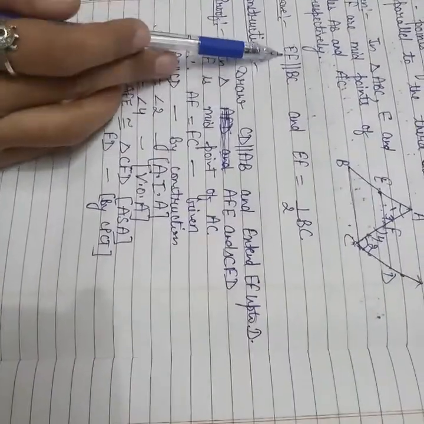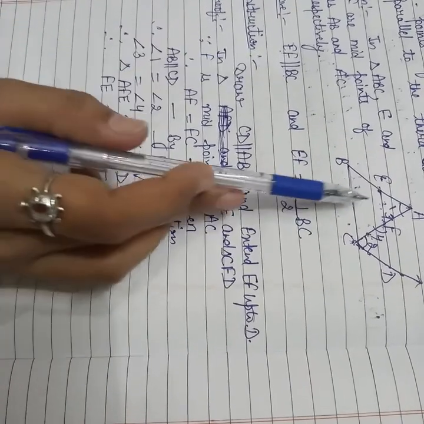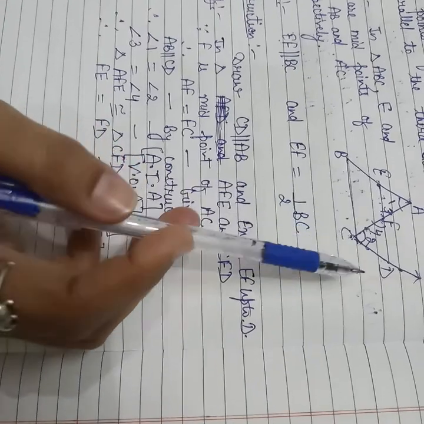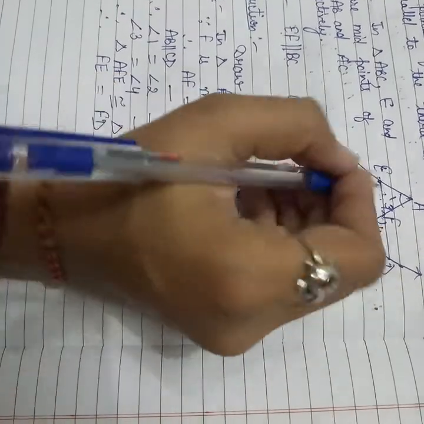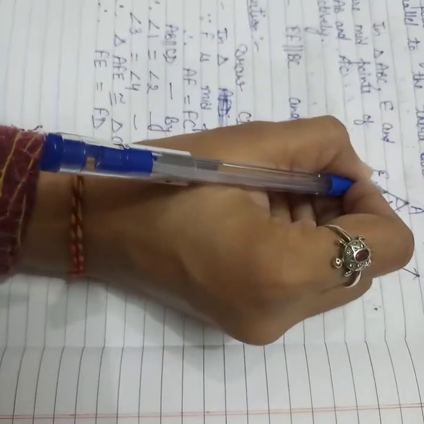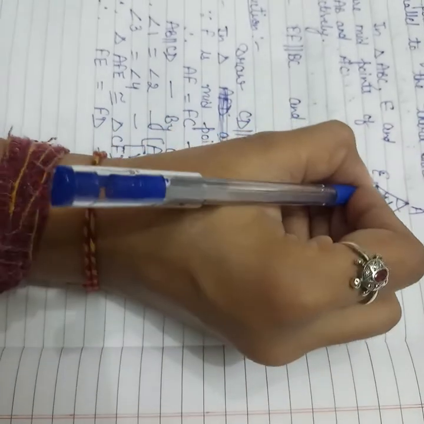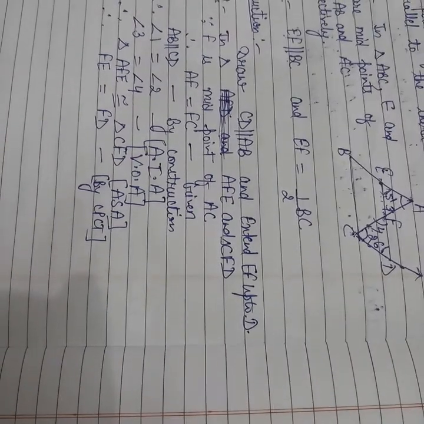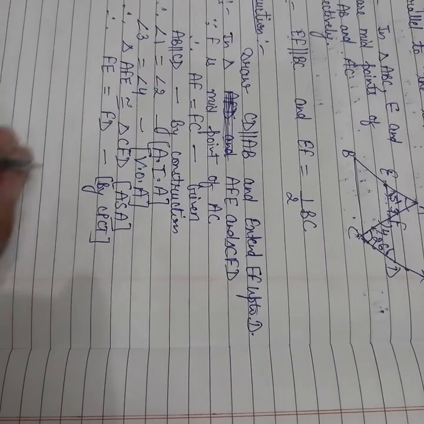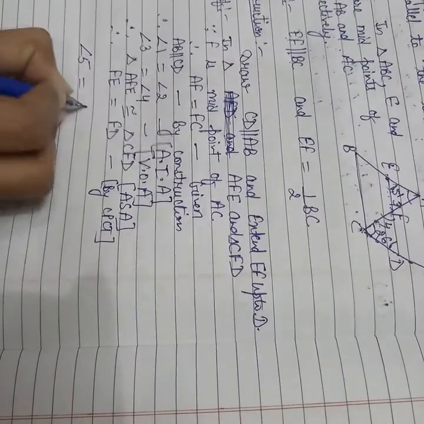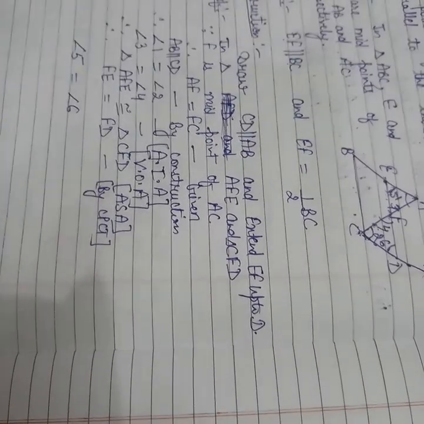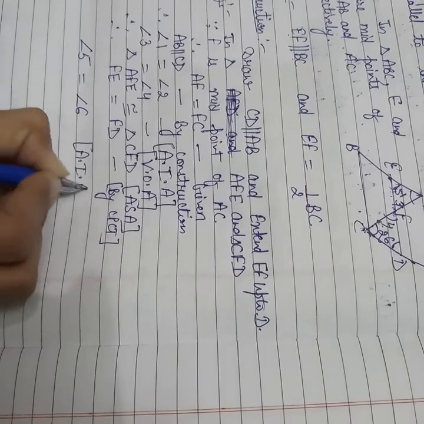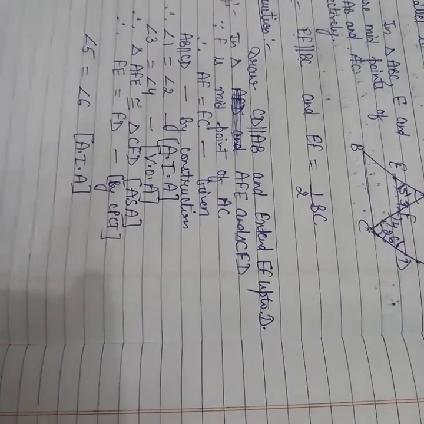We have to prove EF is parallel to BC. We have to prove these two lines parallel. Now angle 5 equals angle 6, again by alternate interior angles.